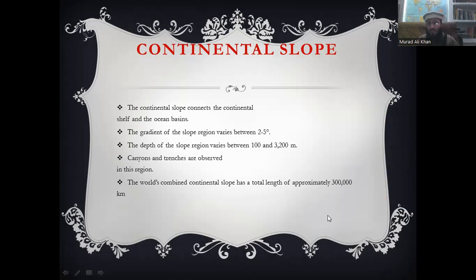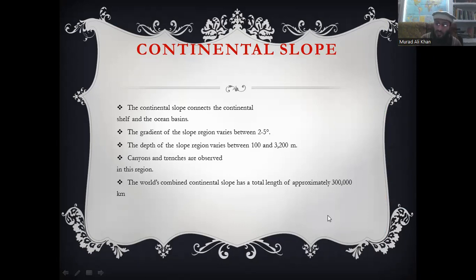And in this continental slope, we find landforms like canyons and trenches. Although their size is not that huge, they can be seen on the continental slopes. Now, if we measure the border of all the continents, we are measuring the continental slope of all the continents, and it is more than 300,000 kilometers.